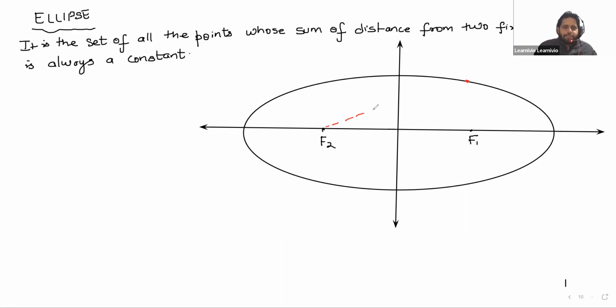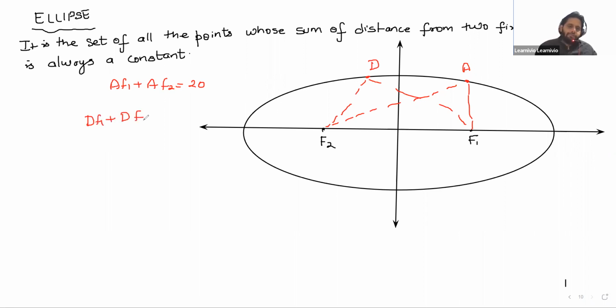If we find AF2 and AF1, and sum AF1 plus AF2, suppose we get 20. Now suppose we take any other point and find this distance, let this be D. If we find DF1 plus DF2, then this will also be equal to 20. If you take any other point on the ellipse, let this be C, and find CF1 plus CF2, then this is also equal to 20.